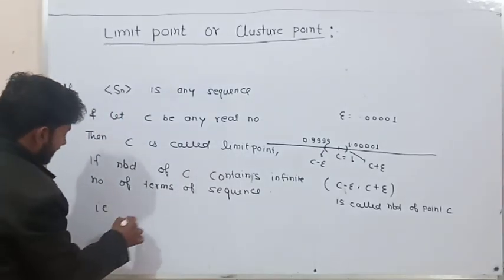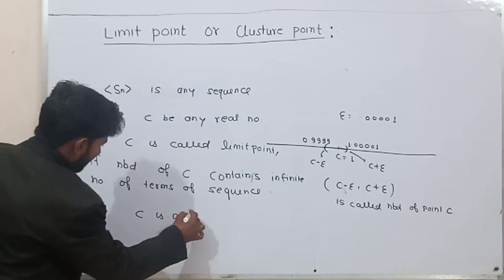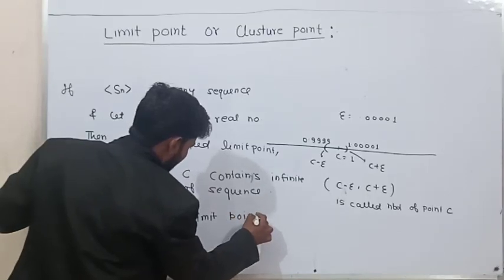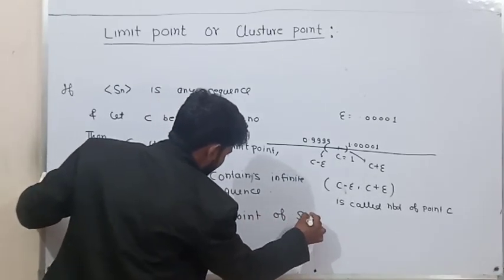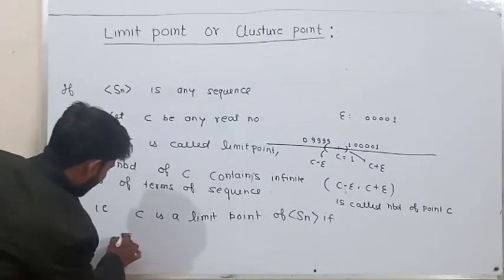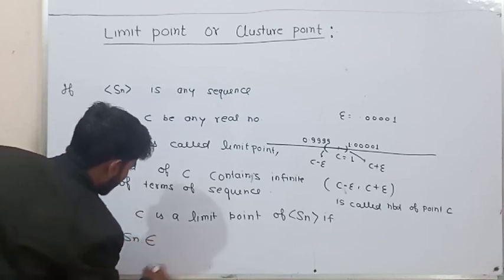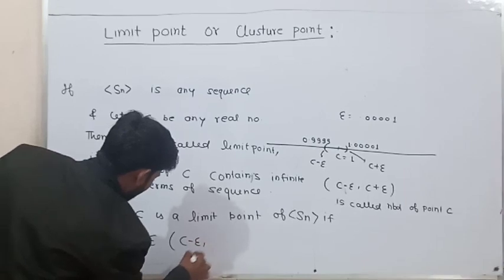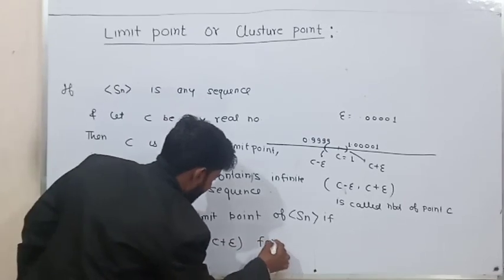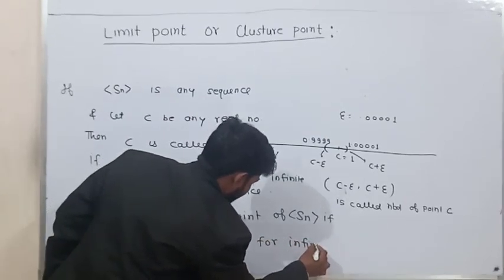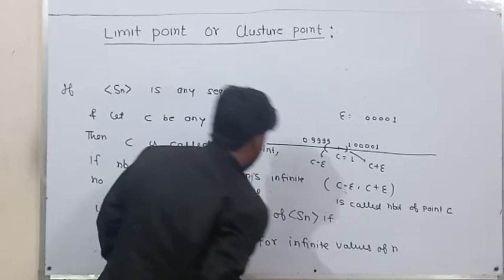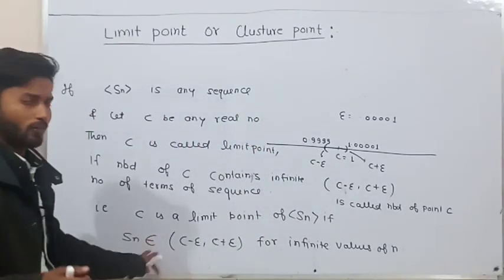That is, C is a limit point of Sn if Sn belongs to (C minus epsilon, C plus epsilon) for infinite values of n. So C is called the limit point of the sequence.